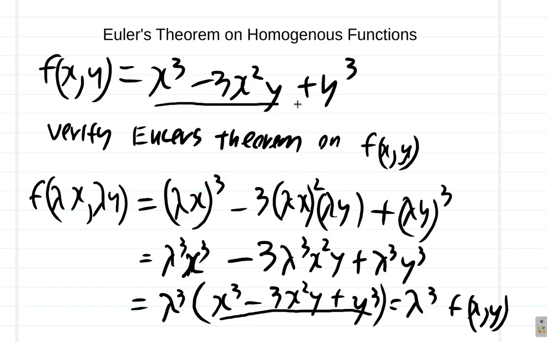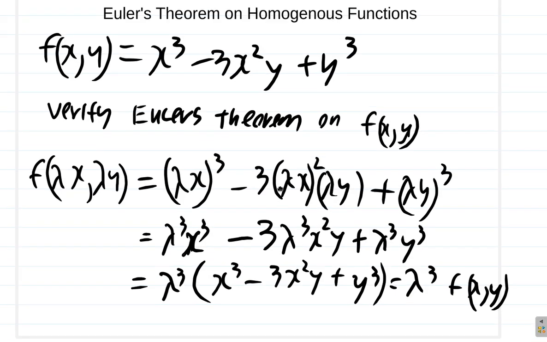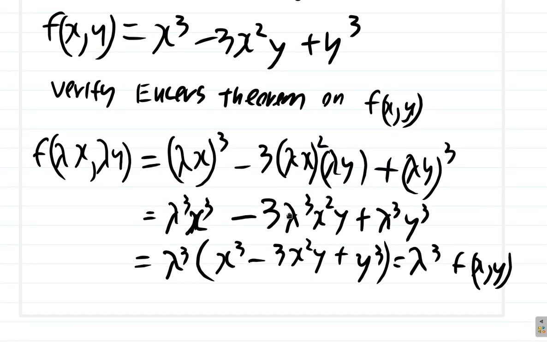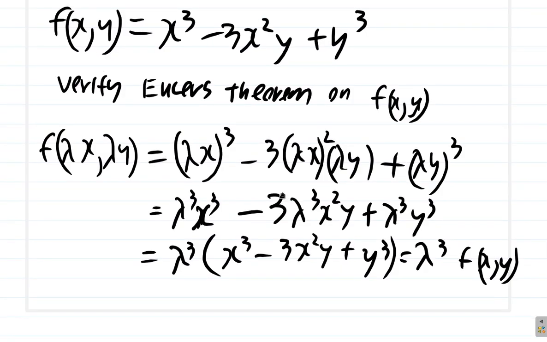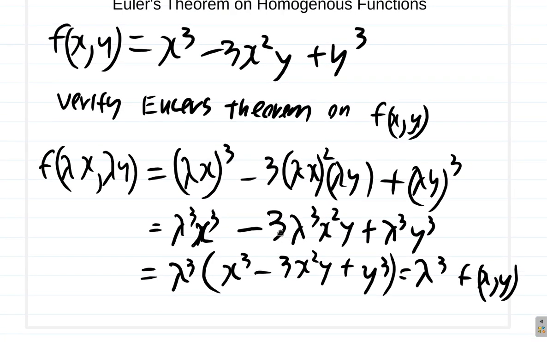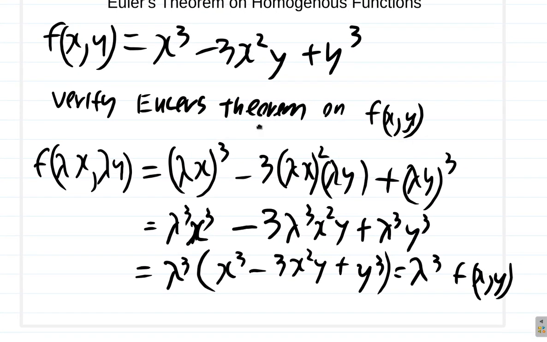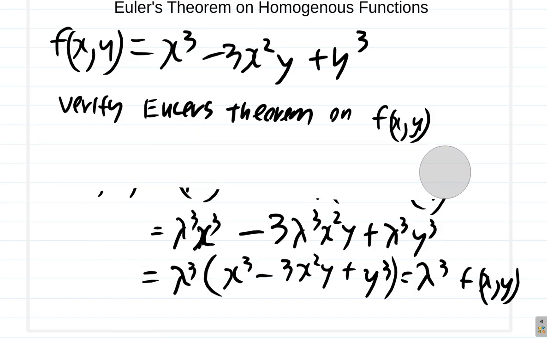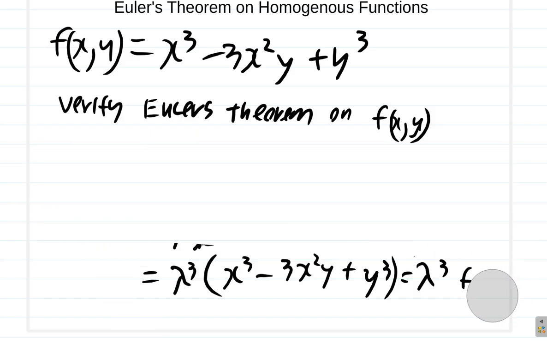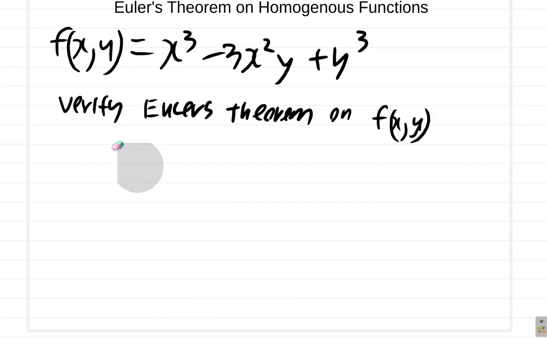So this is lambda cubed times f of x y, because this is f of x y, the same thing as this, right? So you can say it is homogeneous. If you're not sure, you test it and show that you test it, that you verify that it is homogeneous. Now we want to verify Euler's theorem on it. Let's just remove the verification here, and then we look at Euler's theorem.